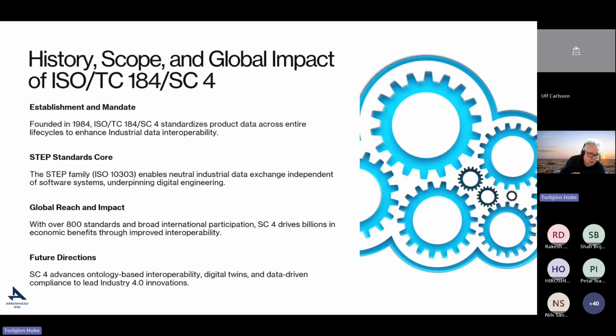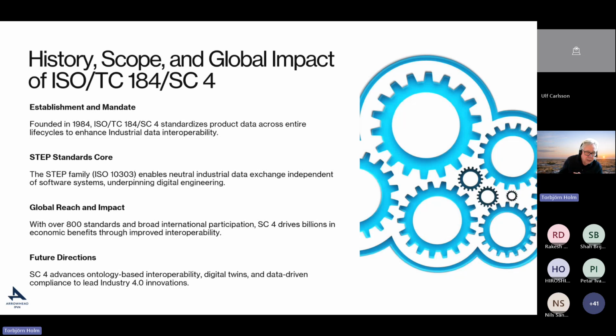STEP is a large standard, depending on how you count, but it's over 800 standard numbers. Some of them are just resources, but let's say there are like 30, 40 major standards coming out of this technology stack that's been developed by this committee. This committee also developed standards like ISO 15926, which is the well-known reference data library of the world.